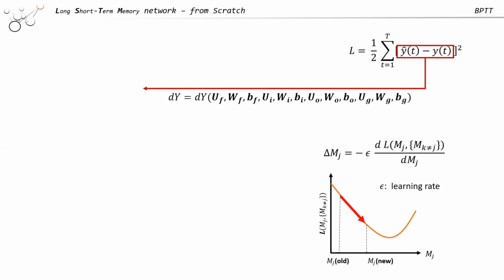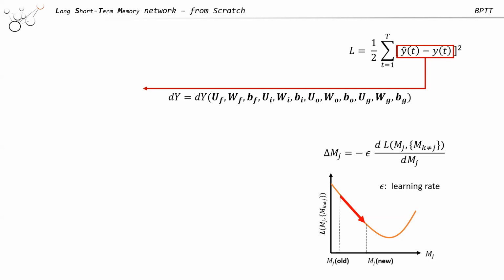We have the difference y hat and y, and this difference dy is, of course, a function of all these different learnables. In our case, it's quite a few: we have 12 learnables in our standard LSTM cell. As you have seen in the previous chapter, our cell does not have y hat as a direct output.